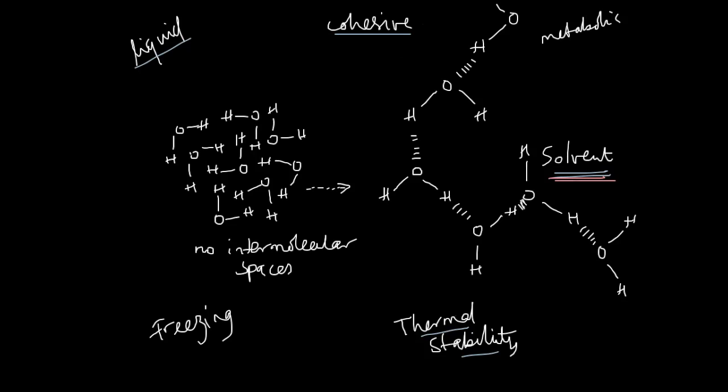But you will notice now that there's a lot of space in this new structure. There's a lot of space between the molecules. So all this extra space wasn't there in that previous structure.